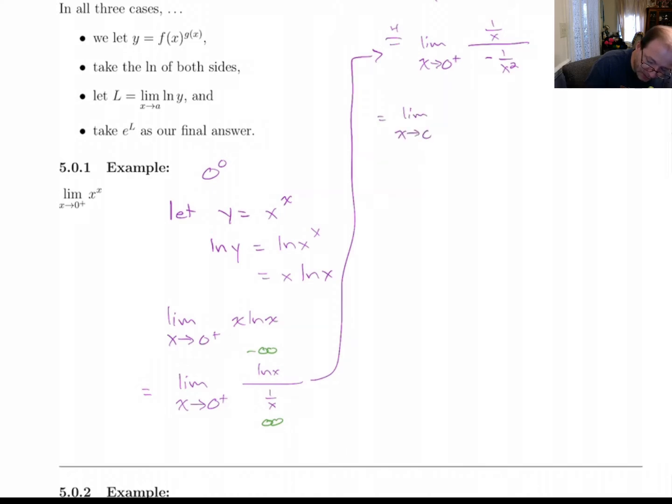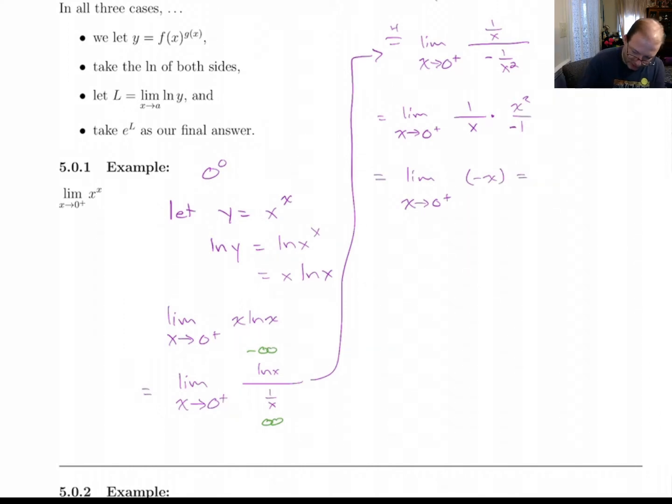So x goes to 0. On top we've got 1 over x, and then we divide by 1 over x squared, so it's times x squared over 1, and I've got to put a negative somewhere in there. So what we've got here is the limit as x goes to 0 from the positive side of negative x, and what do we get there? It's just 0.